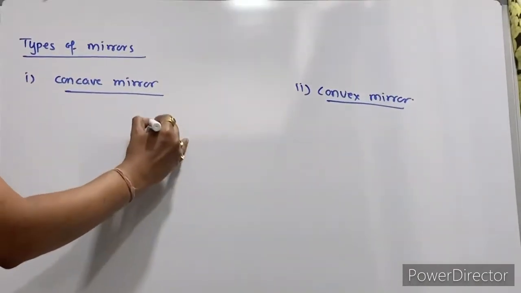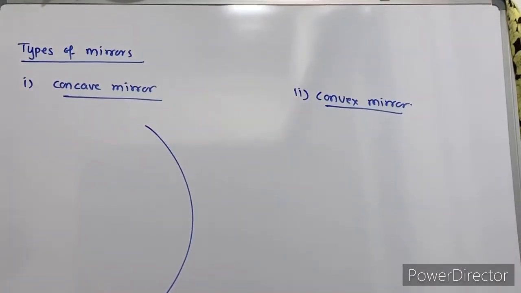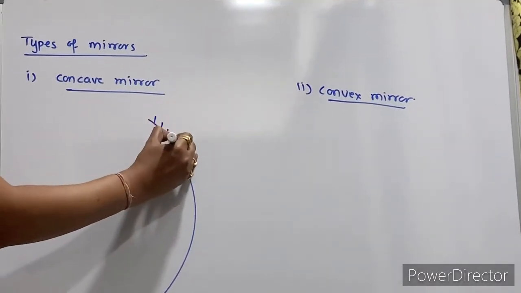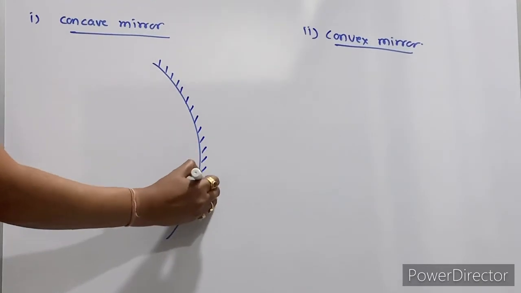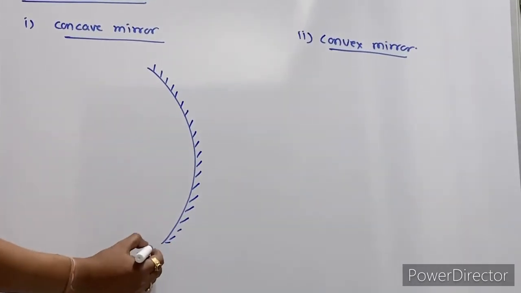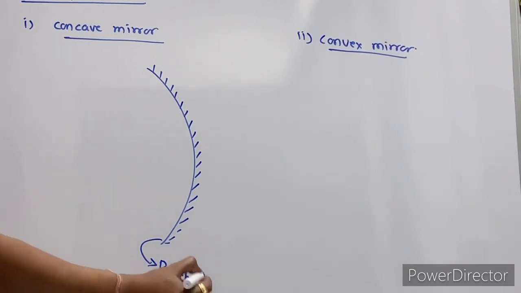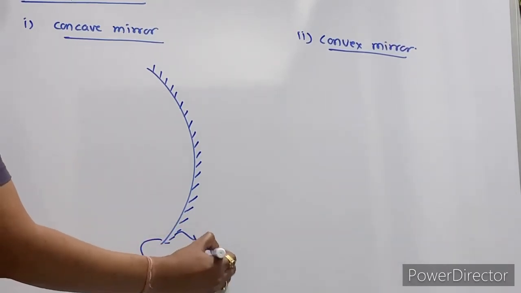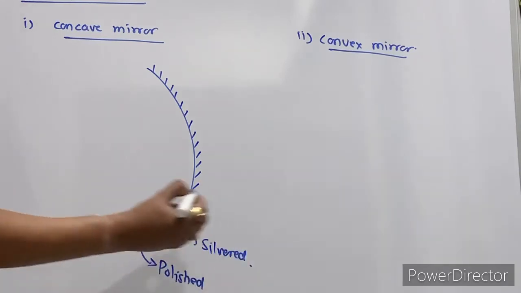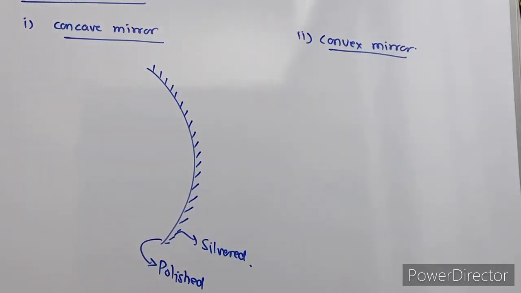Now what is a concave mirror? So this is your concave mirror whose outer part is silvered, right, and this inner part is polished. Inner part is polished and outer part is silvered. That is called a concave mirror.